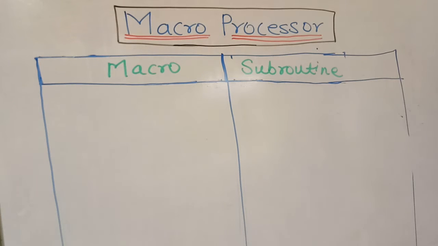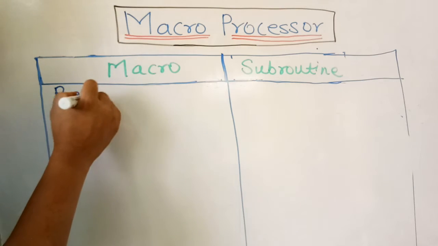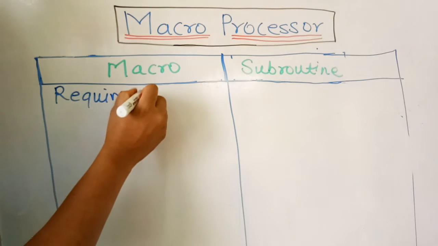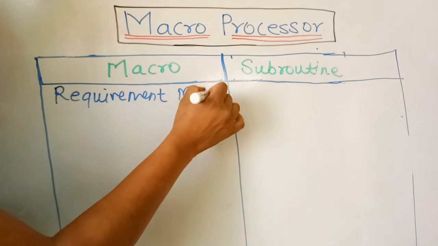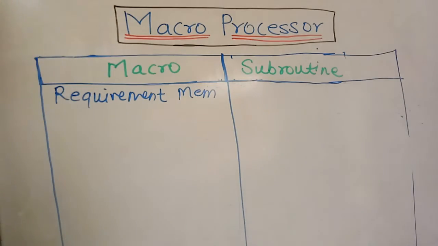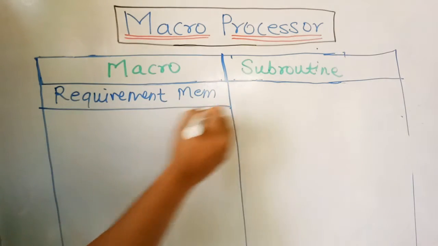Continuing with the same differentiating mechanisms between the macro and subroutines, we will cover the next differentiating mechanism, which is the different requirements in terms of memory. In terms of a macro, its object code requires a large amount of main memory as well as secondary memory compared to a subroutine.